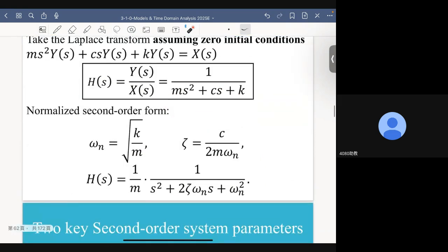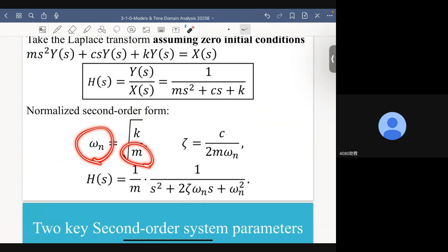No big deal. Now let's define two important parameters. The first is something we already discussed, the natural frequency, which is defined as the square root of K over M. I already told you why larger K results in larger omega N, larger natural frequency, and why smaller mass results in higher natural frequency.